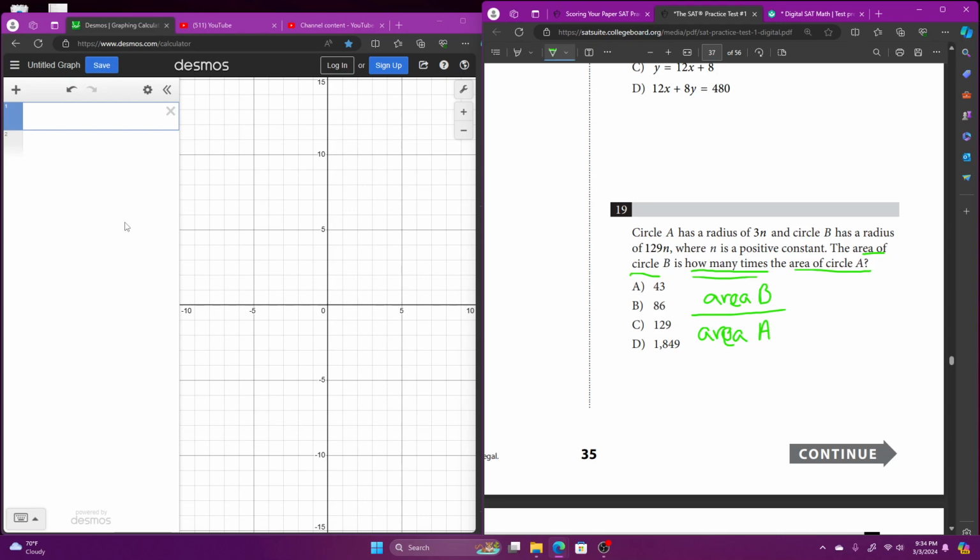can't flip and show you where the reference sheet is again really fast, but make sure you know where to find the reference sheet. The area of a circle is pi times the radius squared, and circle B has a radius of 129n squared over pi times the radius of circle A is 3n squared.